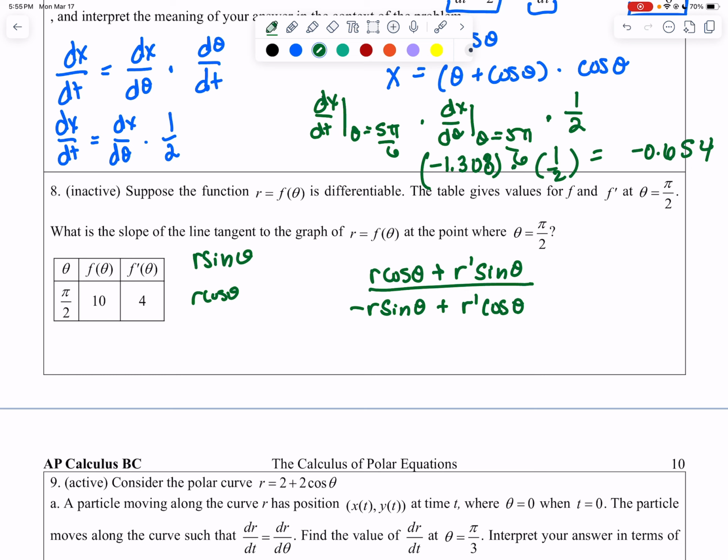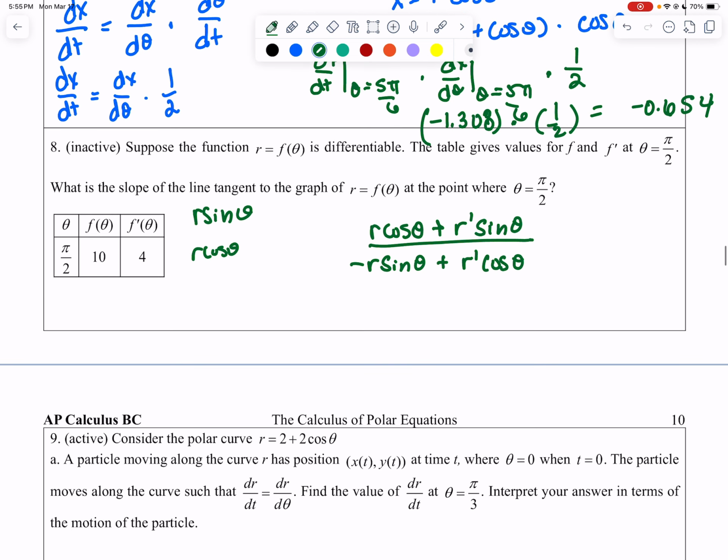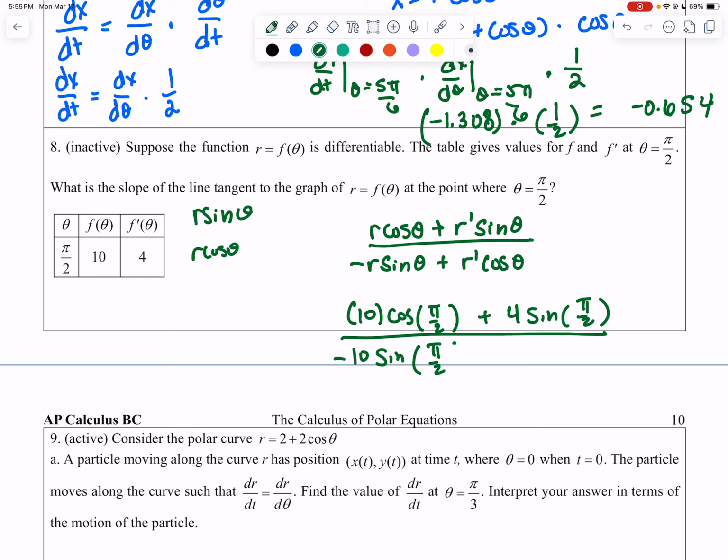Okay, and then we're just going to plug in pi over 2. We know that f of pi over 2 is 10, then cosine pi over 2 plus 4, then sine pi over 2. Theoretically, if you want to leave it unsimplified like this, you can. However, hopefully we know what cosine pi over 2 is and sine pi over 2.